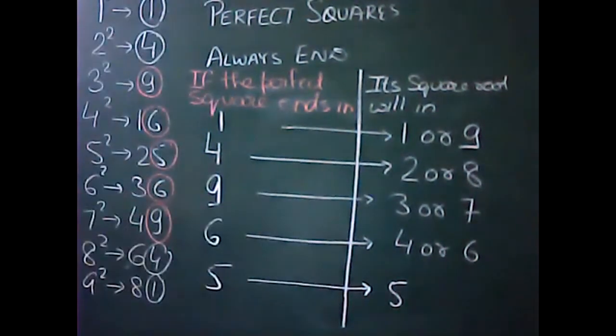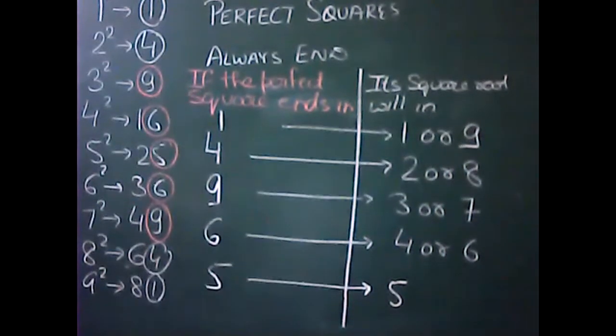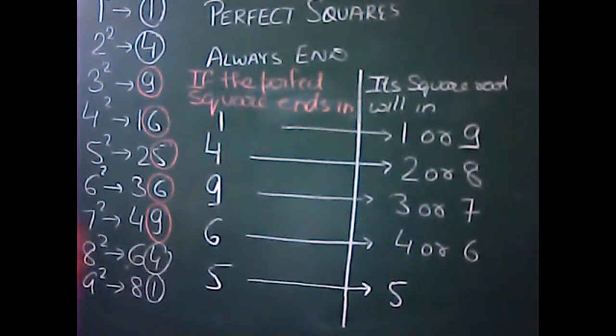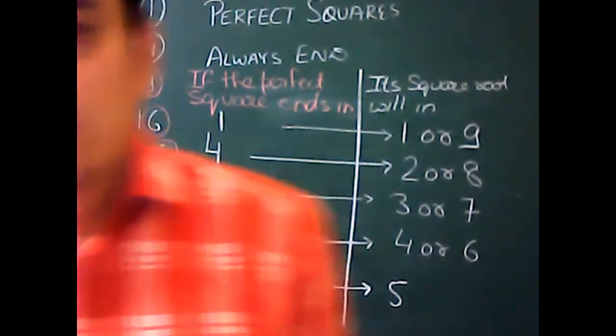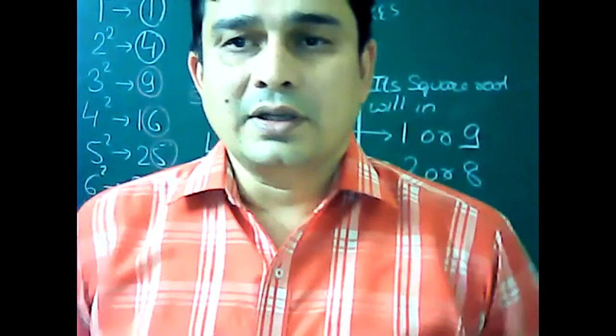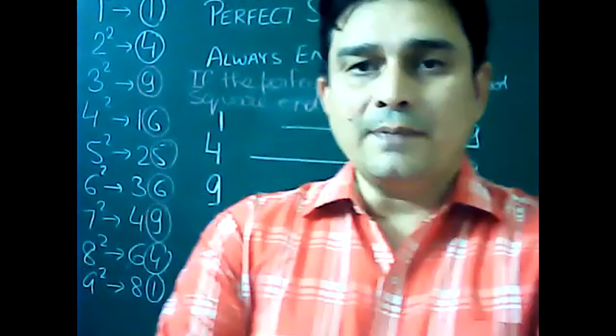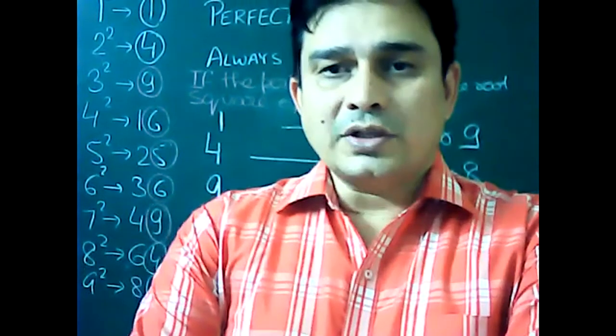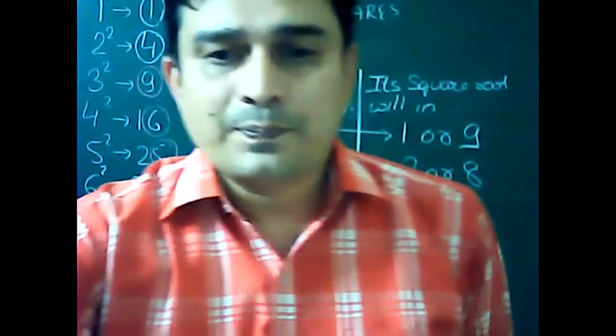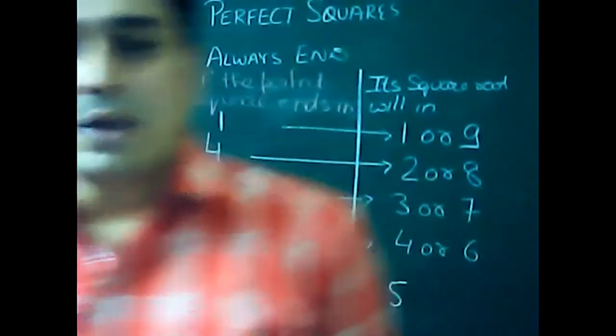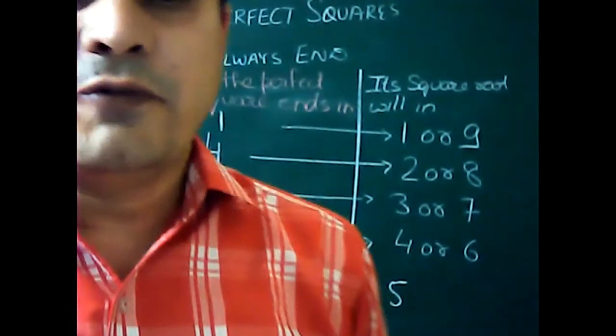Good. So you all have learned this. Again, I'm going to ask a few more times till I'm sure that everyone is perfect with it. This time, the questions are for Anvita. Perfect square ends in 4: 2 or 8.